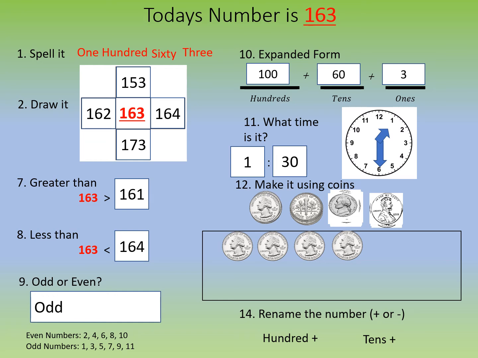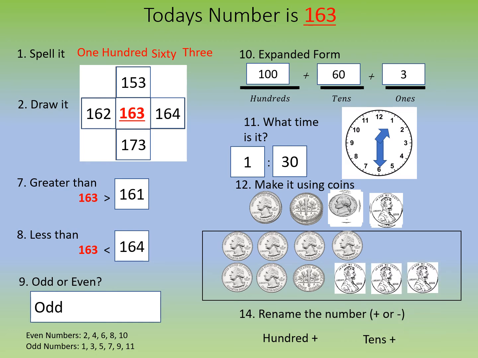We need 62 more cents. $1.25, $1.50, $1.60, $1.61, $1.62, $1.63. So we used 6 quarters, 1 dime, and 3 pennies to make 163 cents.